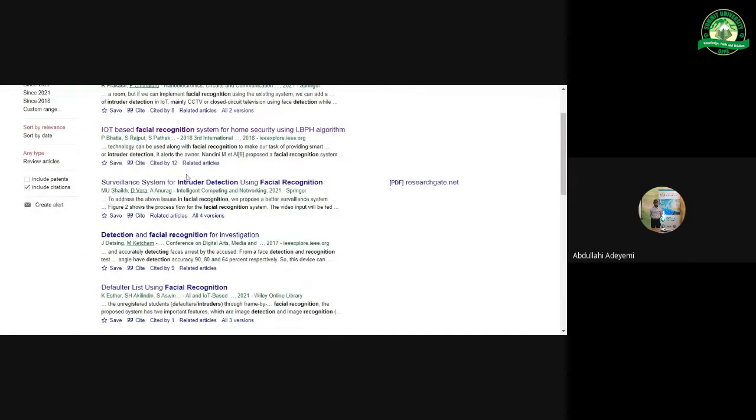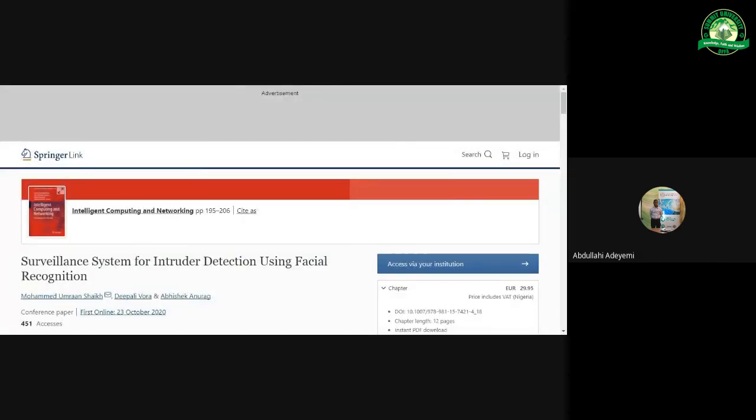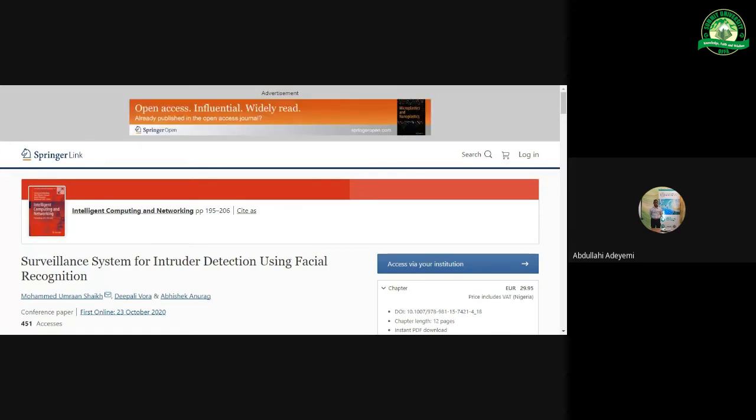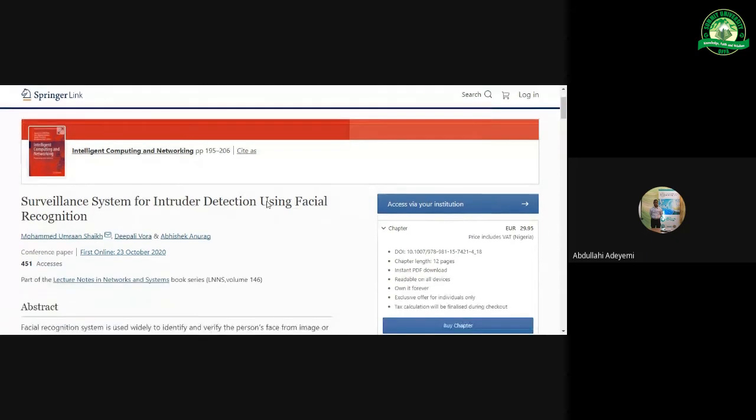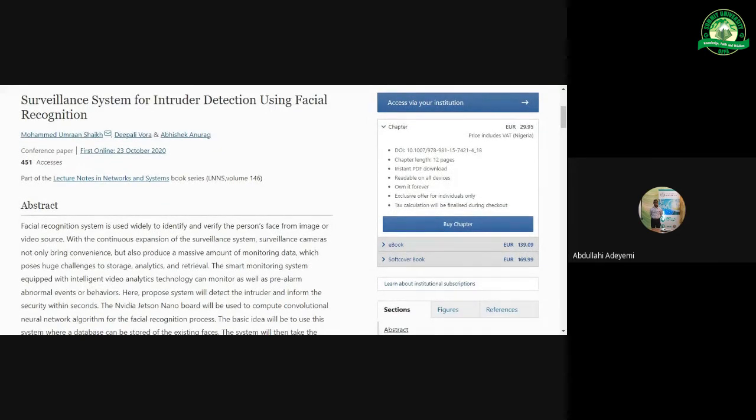Okay, the third one is surveillance system for intruder detection using facial recognition. So anyone that wants to volunteer can kindly unmute the mic and help us with the topic title and the abstract.